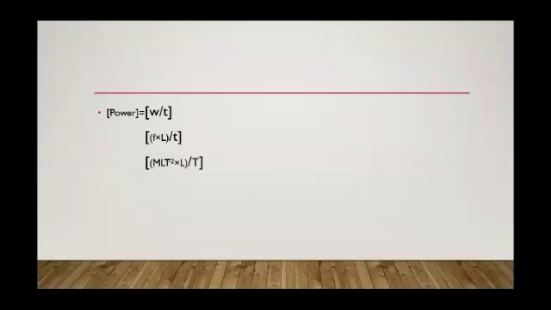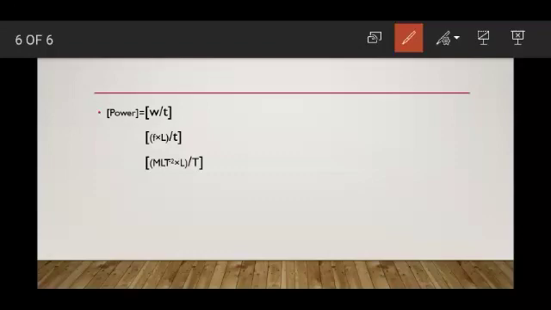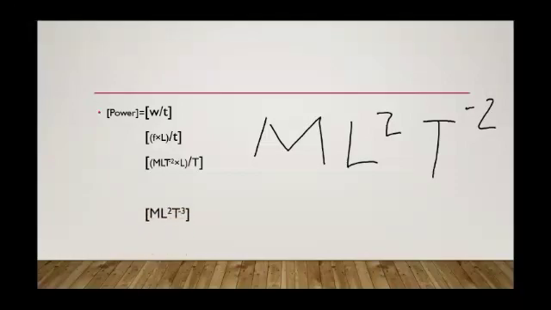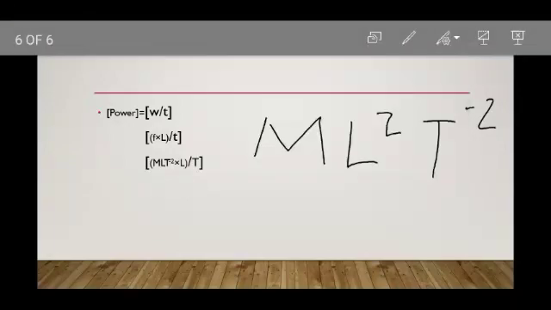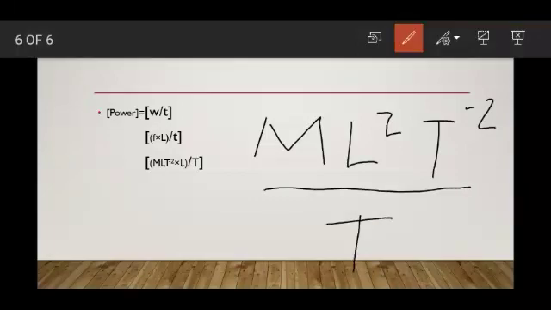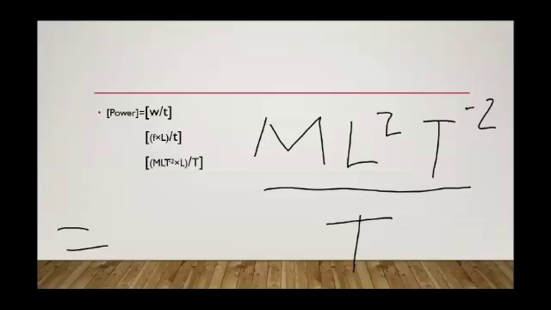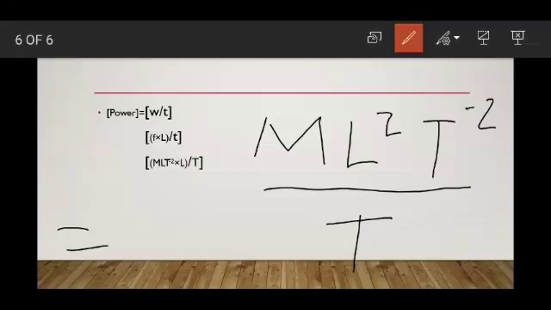So what you're going to do here is, we get mass times length squared times t power negative 2, and if we divide by t, at the end of the day, if you simplify, you end up getting mass, length, and t power negative 3.